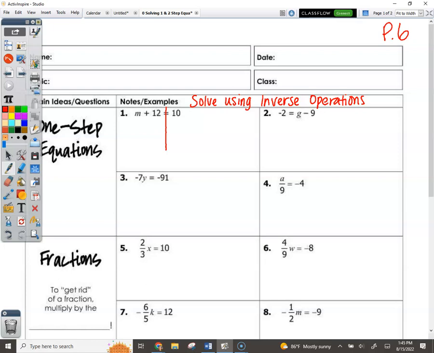What is the inverse of addition? Subtraction. What's the inverse of subtraction? Addition. What's the inverse of multiplication? Division. What's the inverse of division? Multiplication. What's the inverse of squaring? Square rooting. What's the inverse of square rooting? Squaring. See where this goes?